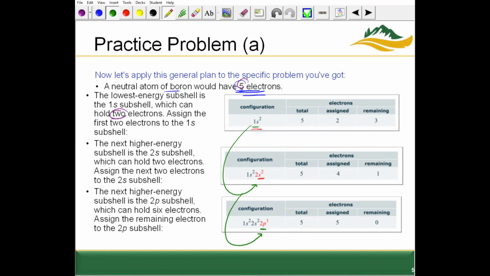So we have 5 to use up in 1s that can hold 2 electrons, then we have 3 left. Next up is 2s that can hold 2 electrons, then we have 1 remaining. Then that 1 remaining electron from this neutral atom of boron has to go in the 2p subshell, and there's only 1 remaining, so we see it like this, the exponent of 1.